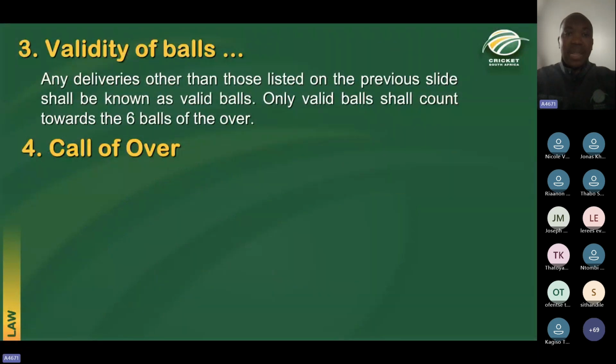Any deliveries other than those listed on the previous slide shall be known as valid balls, and only valid balls shall count towards the 6 balls of the over.